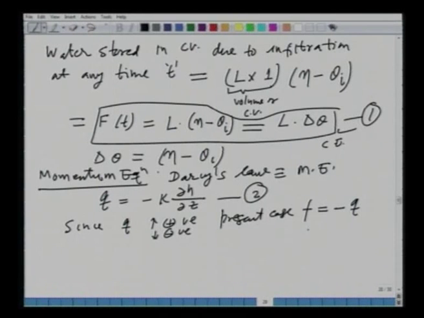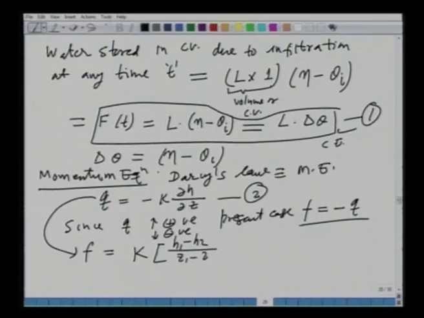With this we can write your small f, which will be equal to K times minus del H del Z, and let me write this as H1 minus H2 over Z1 minus Z2. That is the first derivative del H del Z.